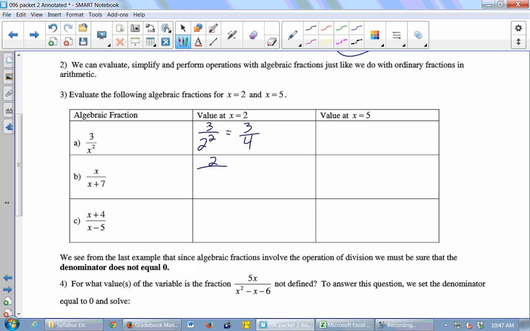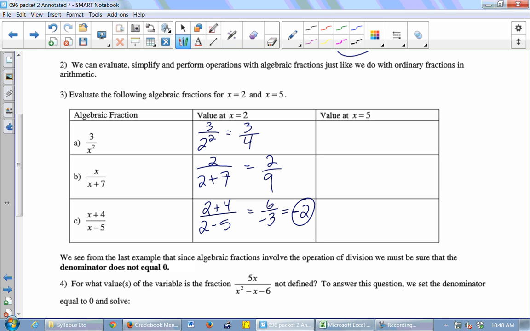So that becomes 2 over 2 plus 7, and that reduces to 2 over 9. Why do I keep putting the denominator on top? All right, and x plus 4 over x minus 5. That's 2 plus 4 over 2 minus 5, which is 6 over -3, which is -2. Got to go one more step on that last one because you can reduce the fraction.